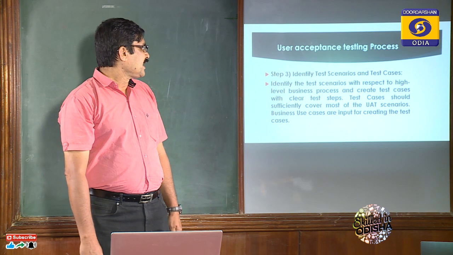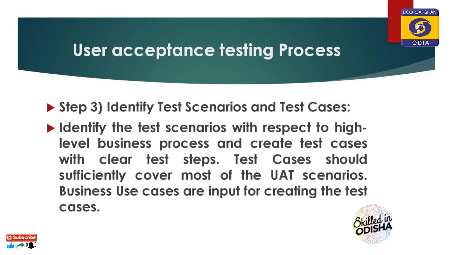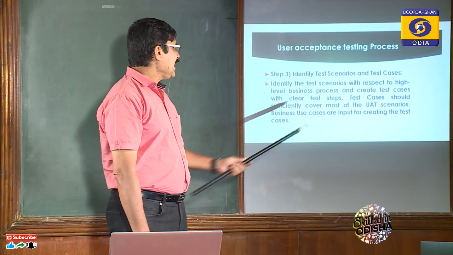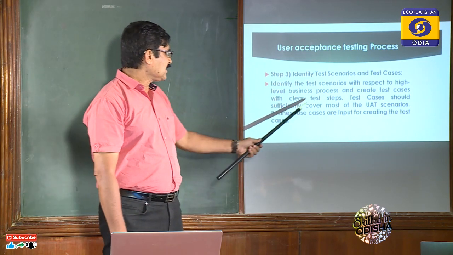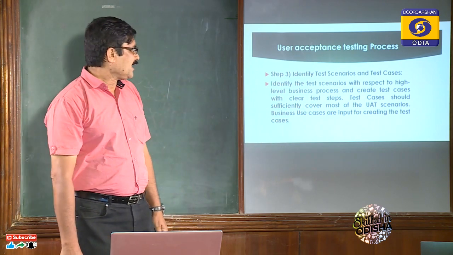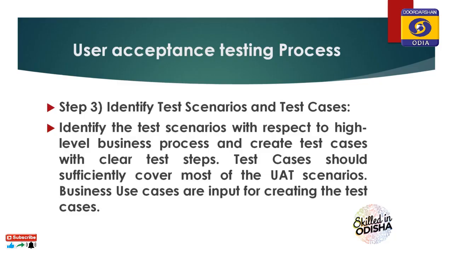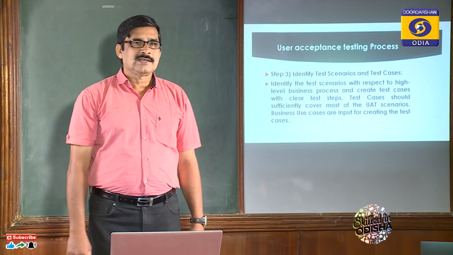Then comes step 3: identify test scenarios and test cases. Identify the test scenarios with respect to high level business process and create test cases with clear test steps. Test cases should sufficiently cover most of the UAT scenarios. Business use cases are input for creating the test cases.